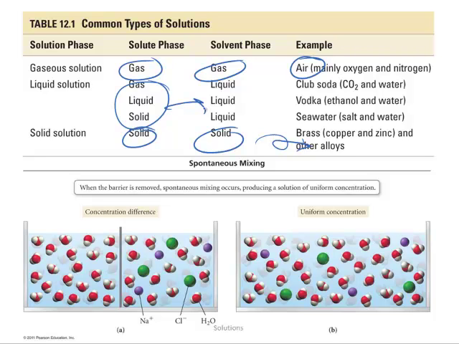Before that, we should also talk about why things mix, or do spontaneous mixing. If you have a sodium chloride solution in a beaker and you have a compartment separating them from pure water, if you remove that barrier, of course, sometime later, the entire container will be uniform concentration and thus homogeneous and a solution.